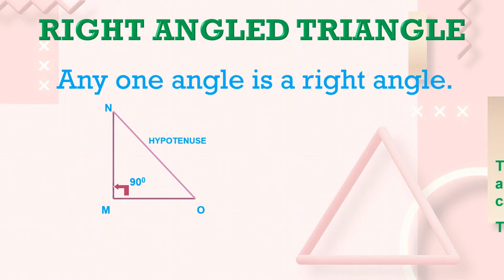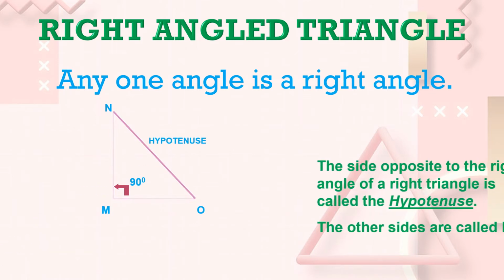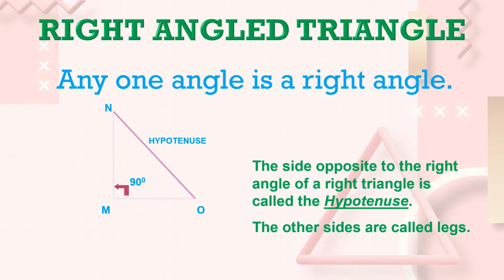So we can say that this is a right angled triangle. The special thing about it is that the side which is opposite to the right angle is called the hypotenuse, and the other two sides are called the legs.